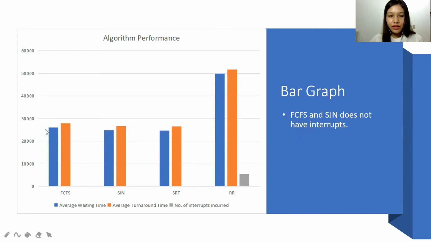The second highest is first come first serve, followed by shortest job next, and the last is shortest remaining time. There is not much difference between those three algorithms. First come first serve and shortest job next do not have interrupts in the process.